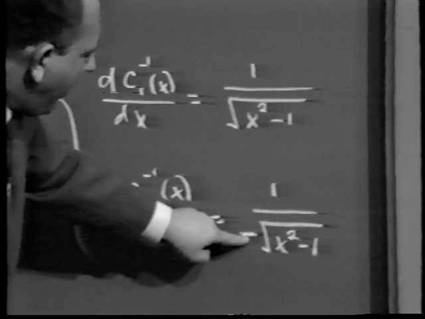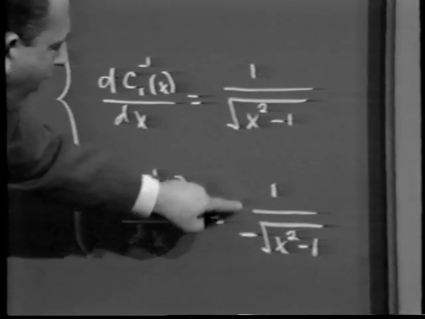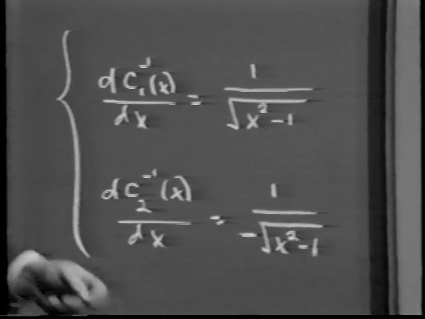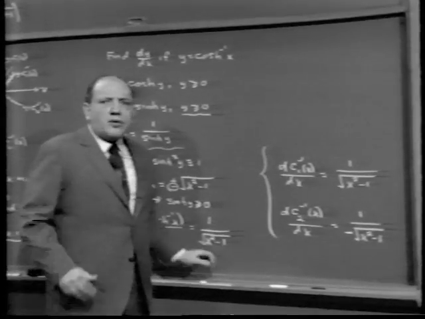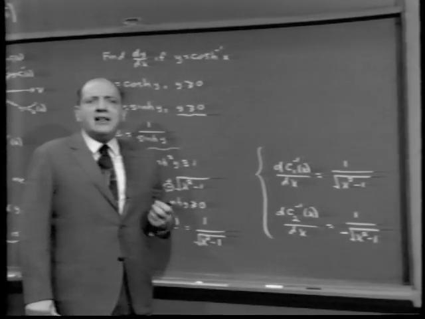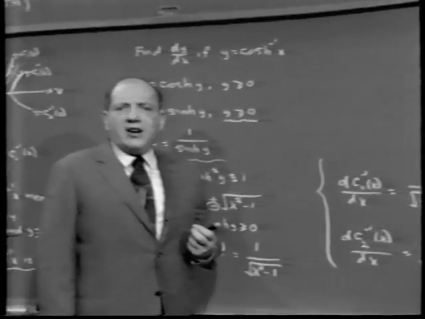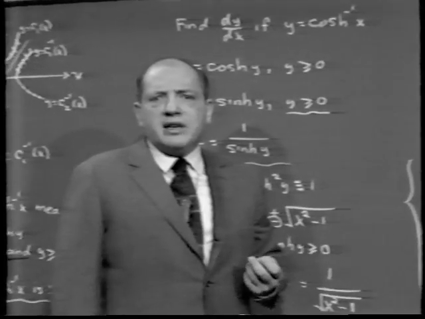I've taken the liberty of putting the minus down with the square root sign rather than with the fraction itself to emphasize the fact that which of the two signs we choose depends on whether we're looking at the branch for which y is above the x-axis or the branch for which y is below the x-axis. In other words, what we don't want to happen here is for people to lose track of the fact that all we have done is made a convention so we can talk about one-to-one functions and inverse functions more meaningfully. But you can be on either of these particular branches.